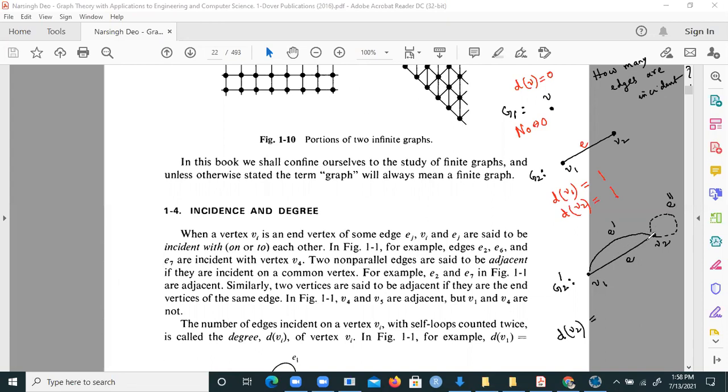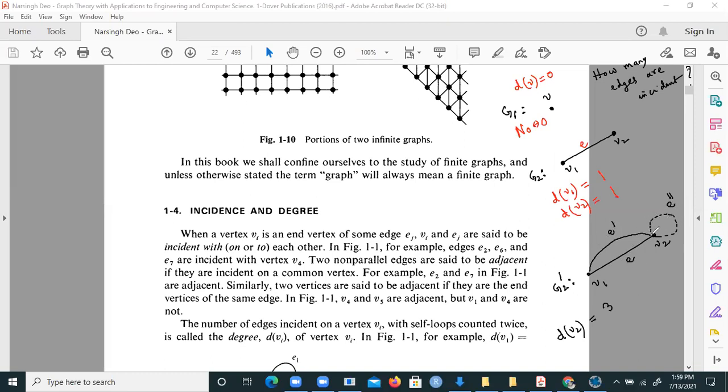You can see this vertex is connected to 3 different edges. So probably you are thinking that the degree of the vertex will be 3. Why? Because E prime is incident upon V2, E is incident upon V2, so we have already got two edges.